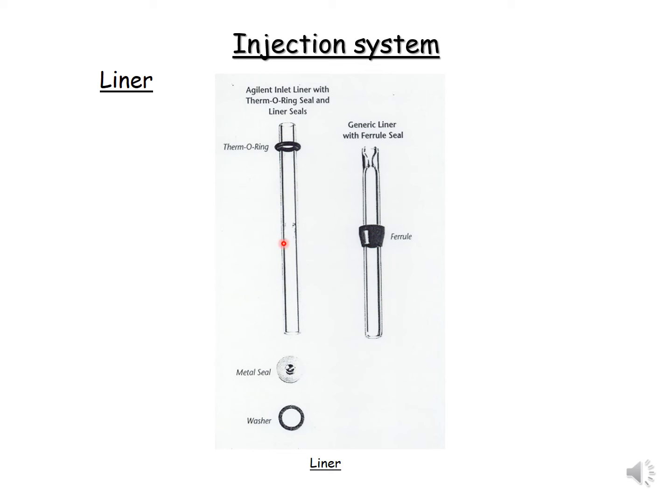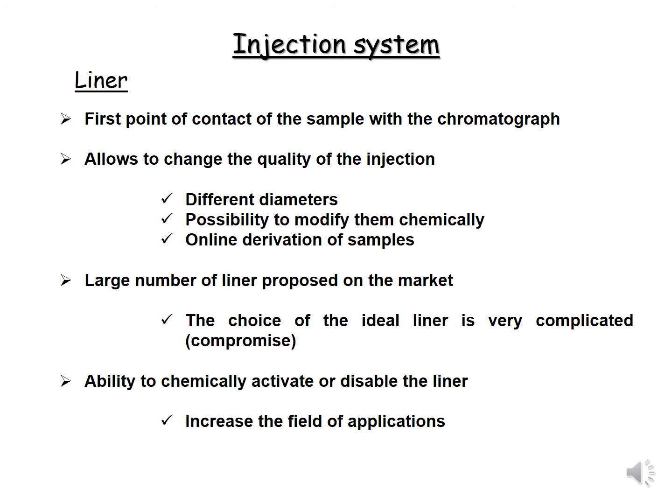In the glass liner, you perform the volatilization of your compound. Sometimes you need to wash this place to avoid any pollution. You have different geometries of this liner, and you can change the liner with the same injector system.